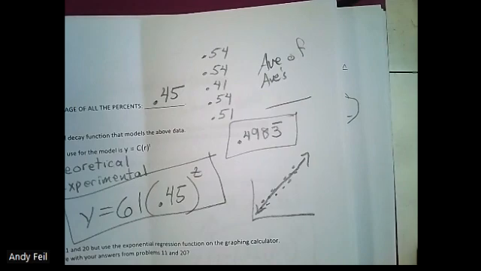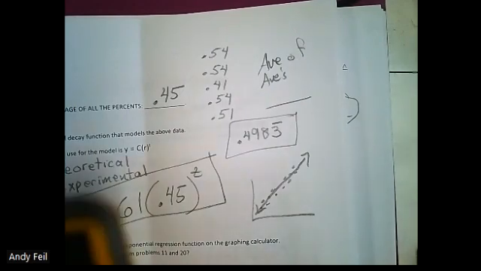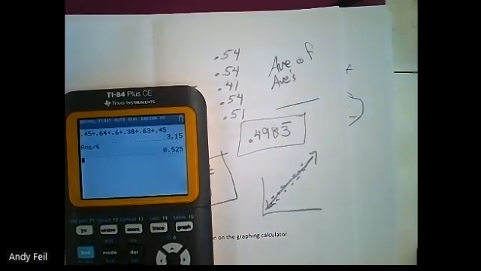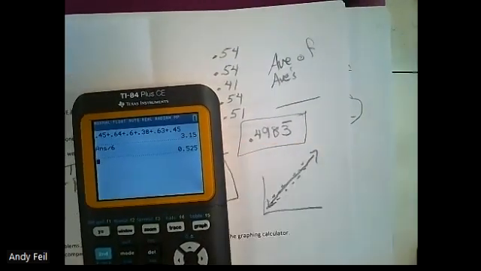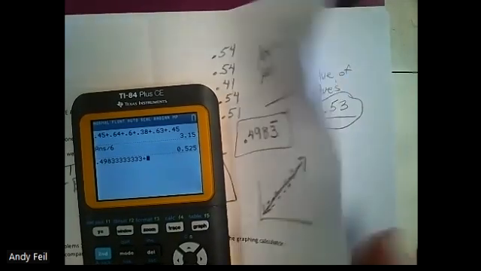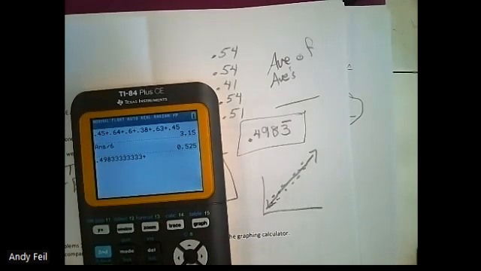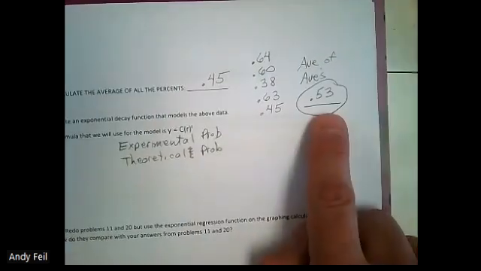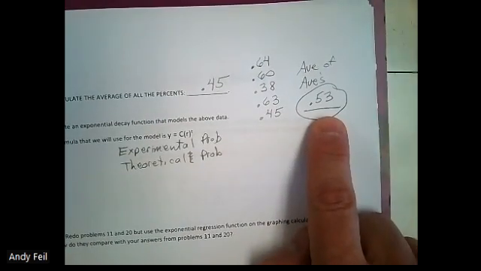What would happen if we averaged your class with first period's class? Let's figure it out. 0.4983, 0.4983 repeating. Plus, what did we get? We got 0.53 plus 0.53. Divide by 2, and you get 0.51. Is 0.51 even closer to the theoretical?